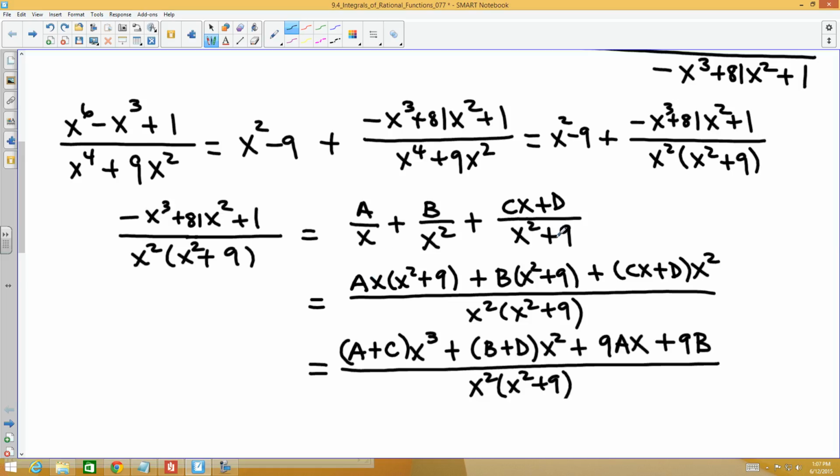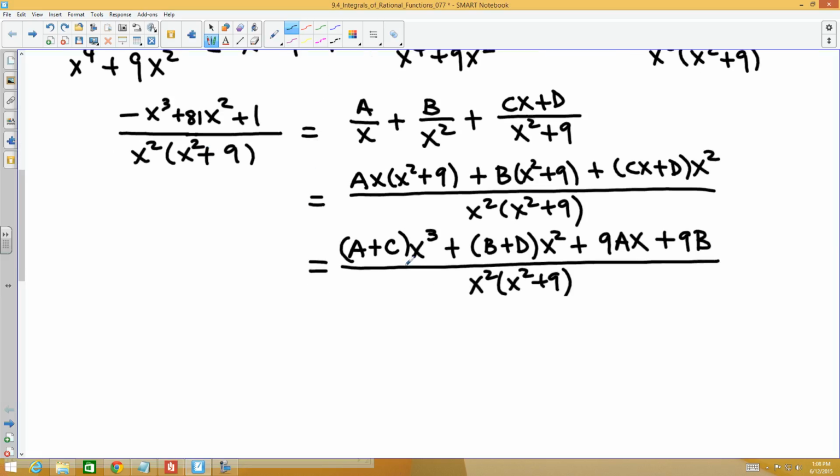Reduce the right-hand side to a common denominator. The least common denominator is x^2 (x^2 + 9), which is what we have on the left-hand side as well. Once doing that, we get ax(x^2 + 9) + b(x^2 + 9) + (cx + d)x^2.